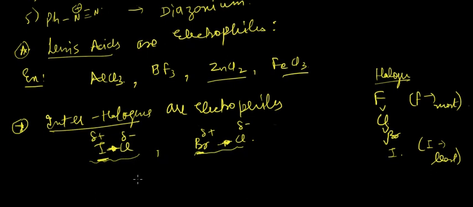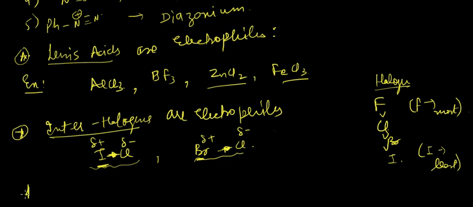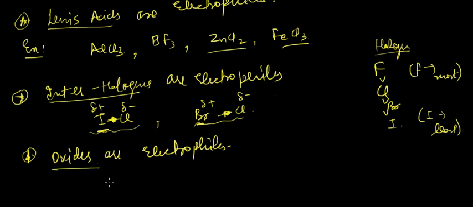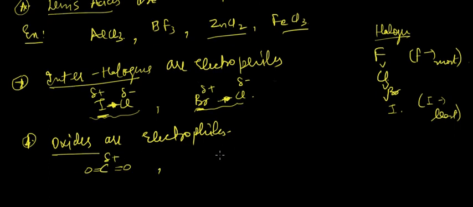Okay, one more category of electrophiles is oxides. Now, what are oxides? If you take the example of CO2, the carbon atom has a partial positive charge. If you look at SO3 gas, the sulfur atom has a partial positive charge.